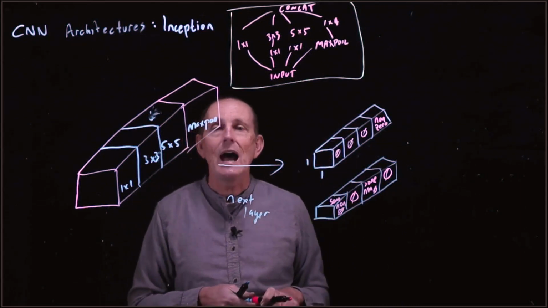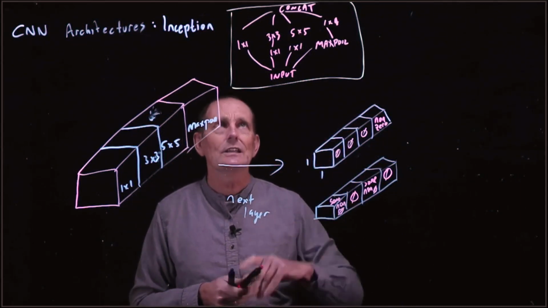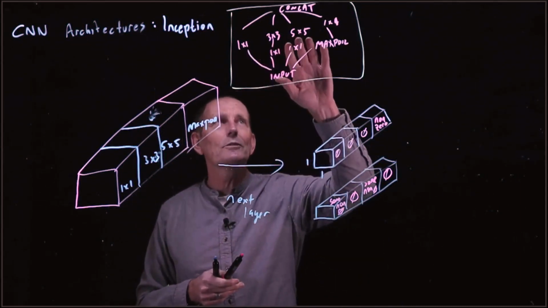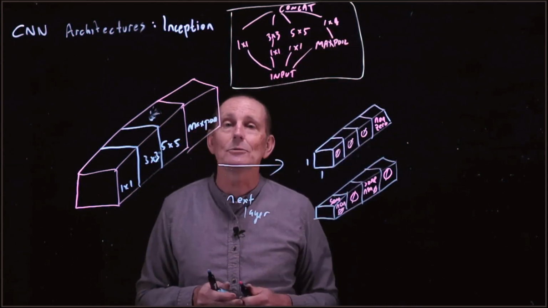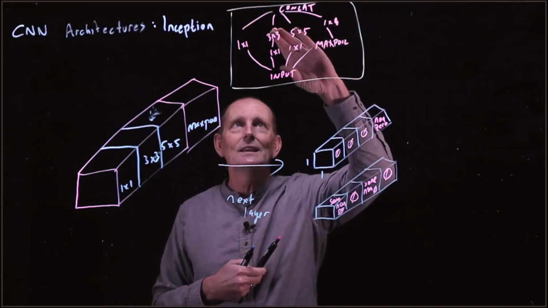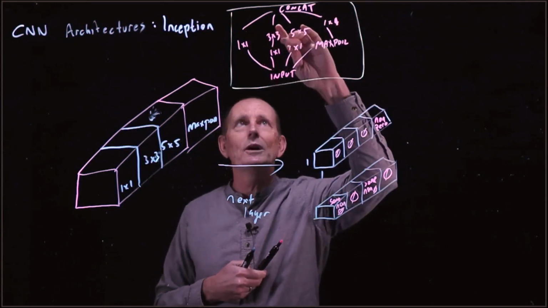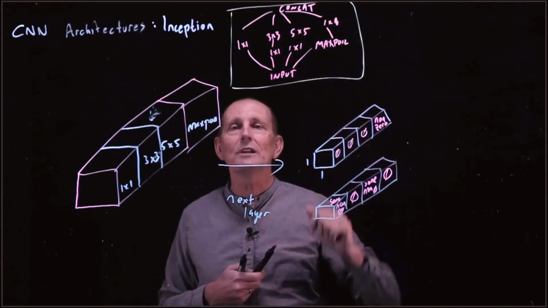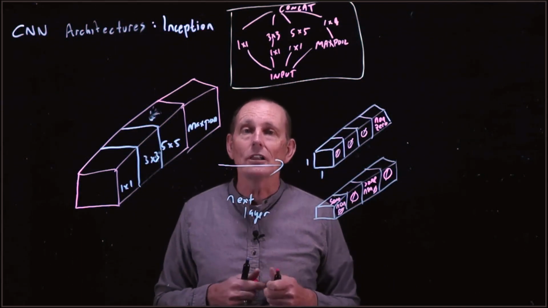So that is how we can actually use these 1x1s, 3x3s, 5x5s, and max pool. It's not that at a given layer, this inception module is either going to be working as a 1x1, a 3x3, a 5x5, or a max pool. Instead, it's working as all of them.